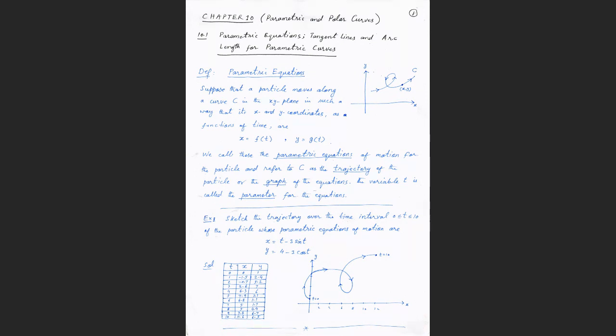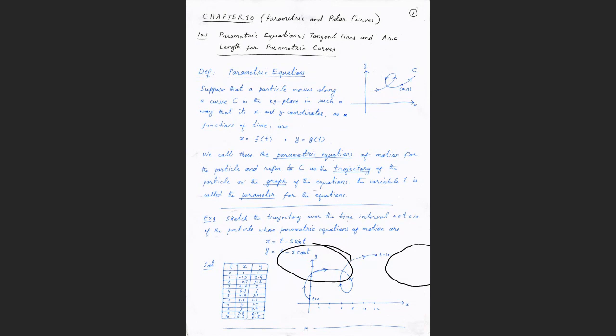Now if you choose any point in the xy plane, and the x coordinate is a function of t, and the y coordinate is a function of t, then you can say that these two equations are parametric equations. Got it?